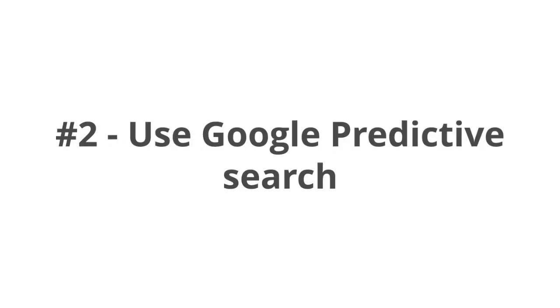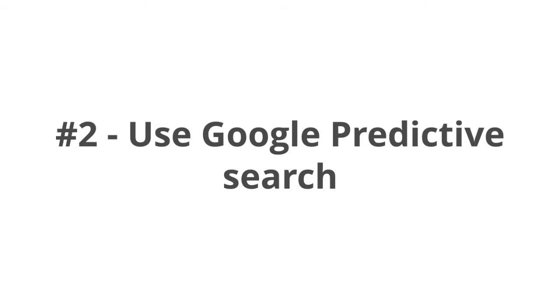The second one is use Google Predictive Search. So you may have seen this already, when you go to Google and you start typing in something, it will actually suggest what you are most likely to be typing in next. And what Google Predictive Search does is it will tell you what people are actually searching for.